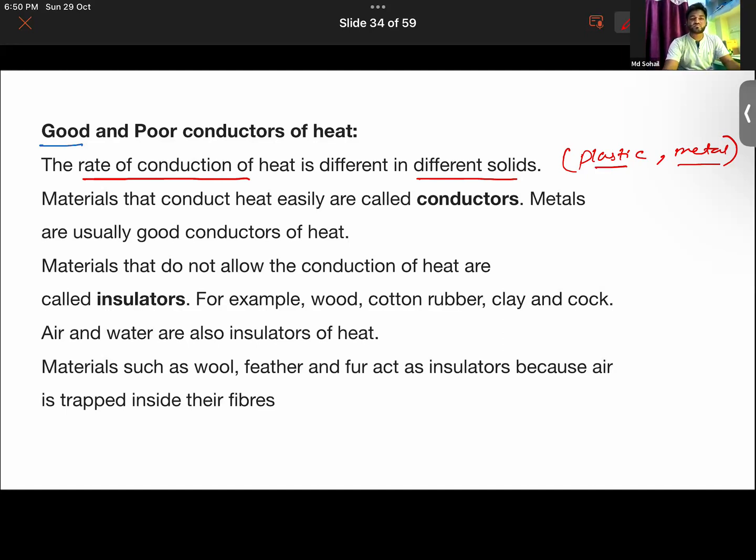Sir, this topic, conduction, is cancelled. For us, it's only till the laboratory thermometer.